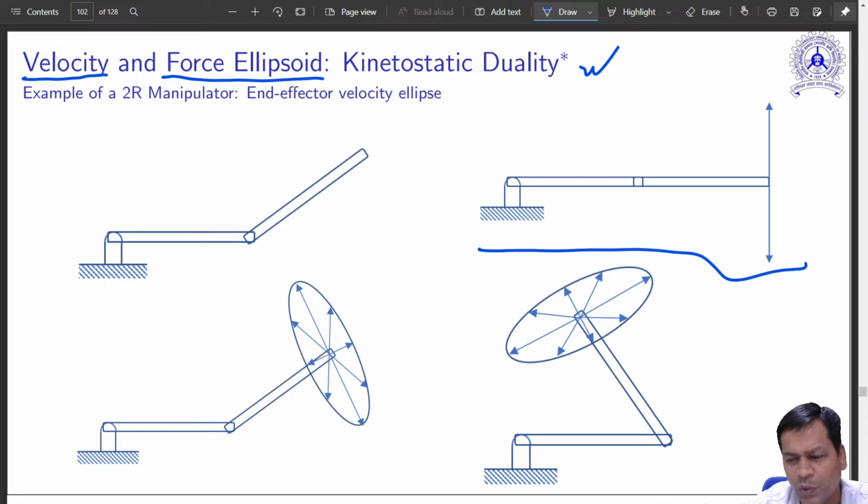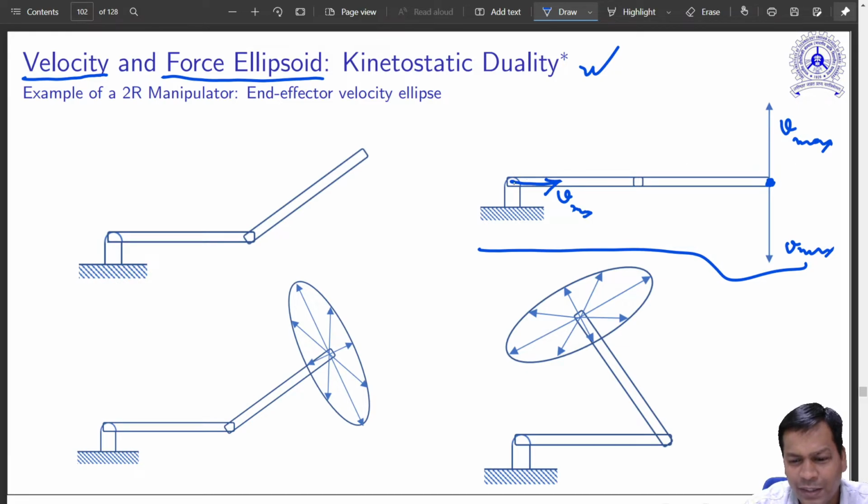So what you saw when it is in fully stretched condition, let me just show you this one. It has velocity which is maximum in this direction. In this direction it can go maximum. And then if it is fully enfolded, velocity can be only in this direction. V becomes V max over here. So you have a range.